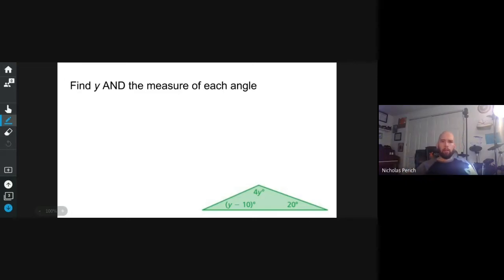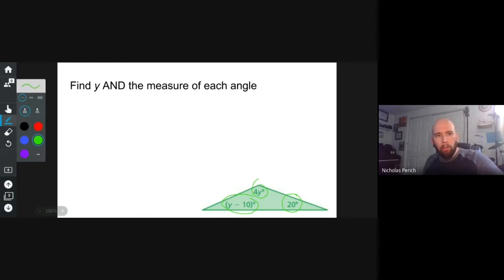That there is a triangle. I do know that in triangles, all the angles add up to 180 degrees. So all of my angles add up to 180 degrees. So the three angles are going to add up to 180 degrees.